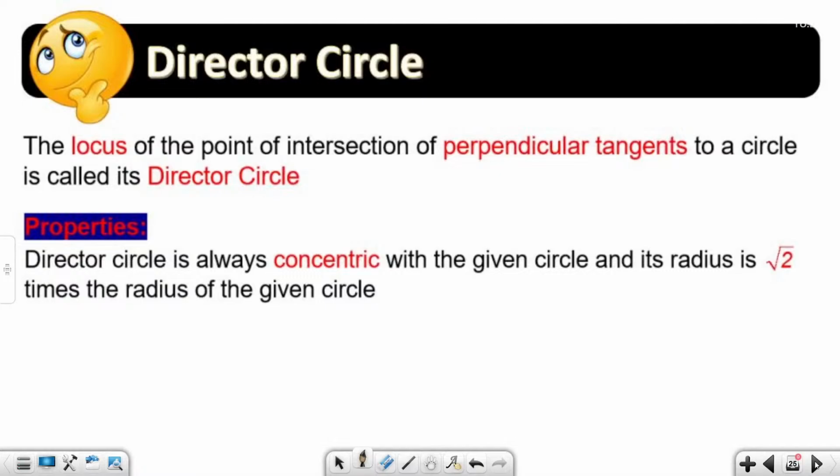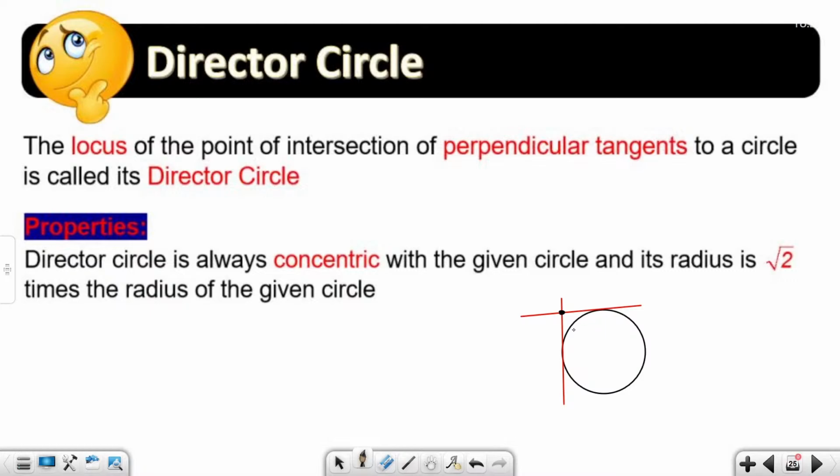What is the director circle? Now don't read this, I'm telling you. Suppose there is a circle, and from a point outside this circle, you have drawn two tangents. Suppose this is one tangent, and this is the other tangent.